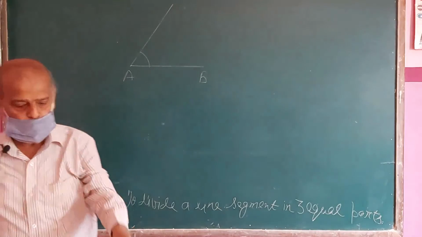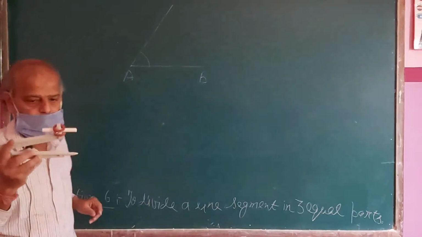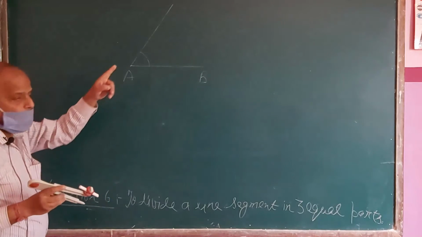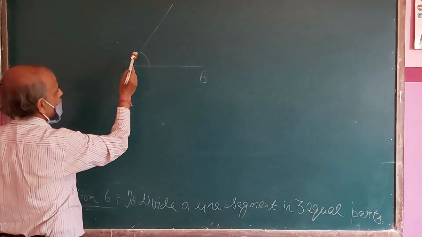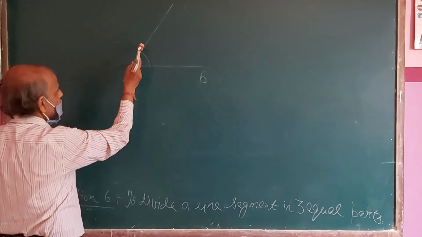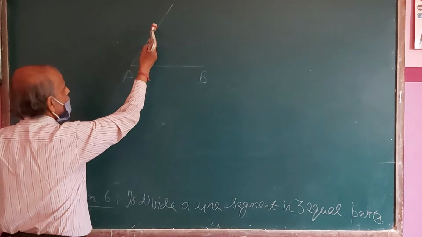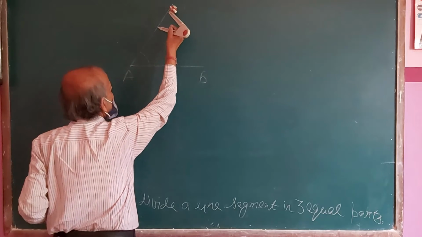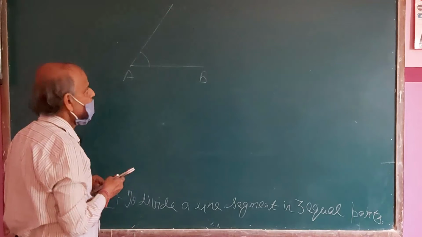Now, take your compass and, as you have to divide it in 3 equal parts, from A cut equal arcs. This is 1, this is 2 and this is your 3. Okay.